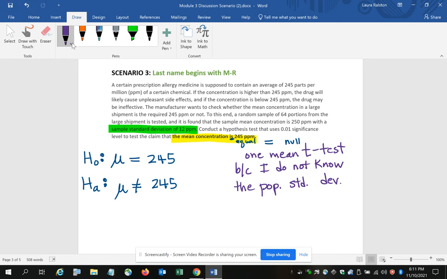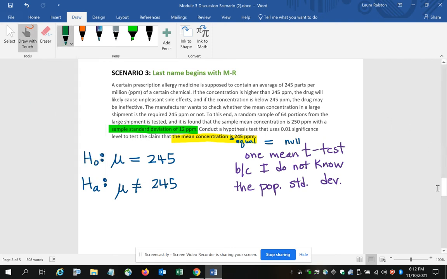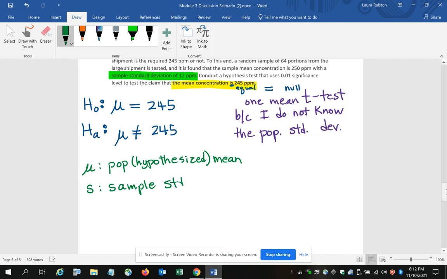Now, because we've decided that we're going to do a one mean t-test, the information that we need changes slightly. You still need the population mean, or what Minitab calls the hypothesized mean. But instead of the population standard deviation, you need the sample standard deviation.